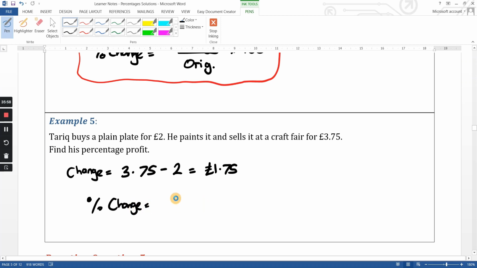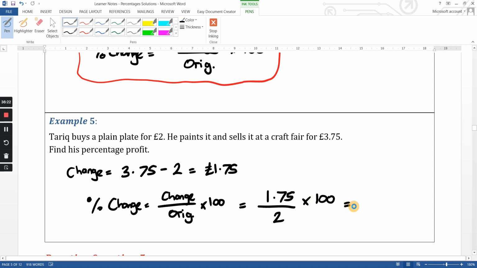It's the change over original times by 100. The change in this case is the profit that he made, £1.75, over the original. The original was what he bought it for, which was £2, times by 100.